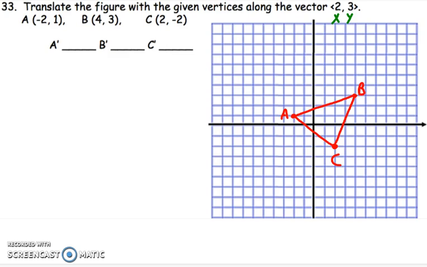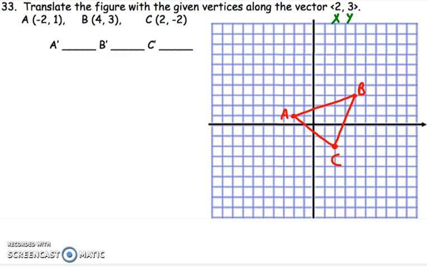Y value. Now when we translate this triangle here with the vector 2, 3, with that 2 position, we're going to push each point to the right 2 units, and then the 3 affects the Y, so we're going to push each point up 3 units.